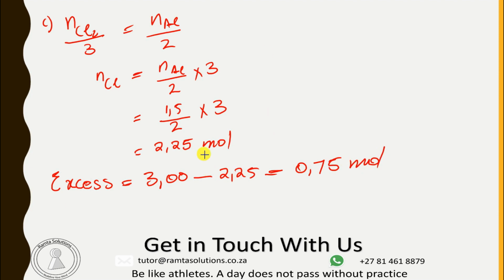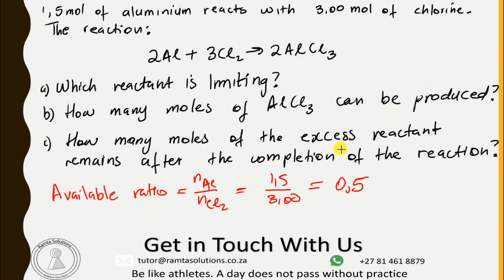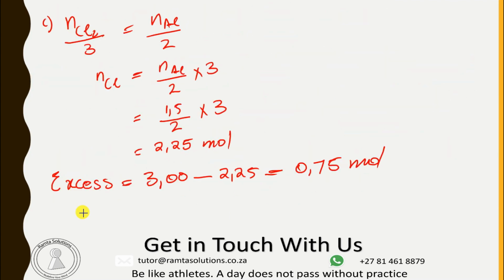The question was how many moles of the excess reactant remains after the completion of the reaction. Therefore, 0.75 mole of chlorine gas remains.